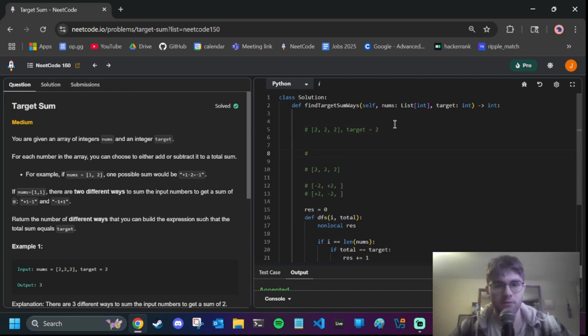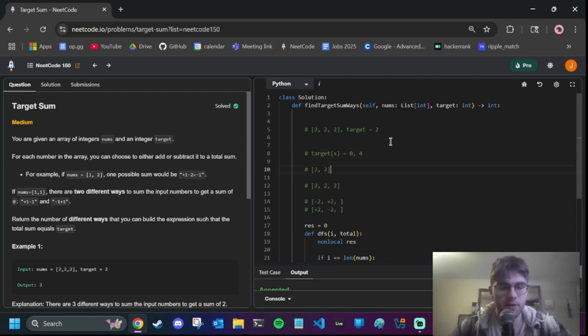So, okay, this is interesting. After this, we know that if we can get to 0 or 4, so now we know if this can produce 0 or 4, then that's one combination, if that makes sense.